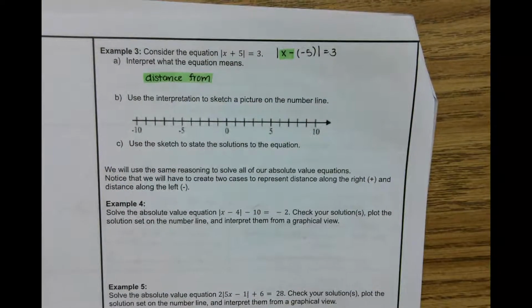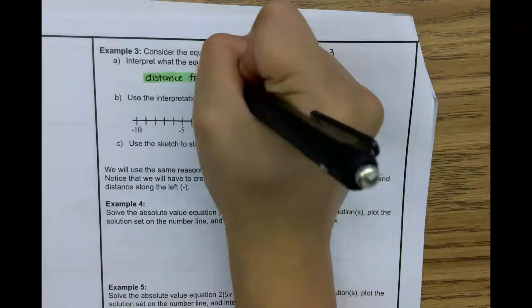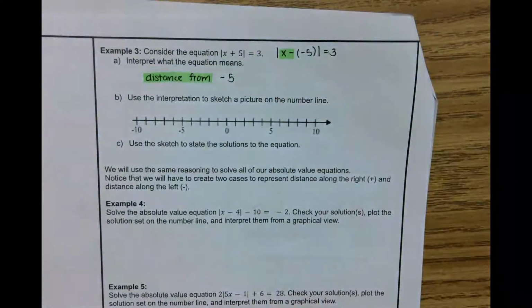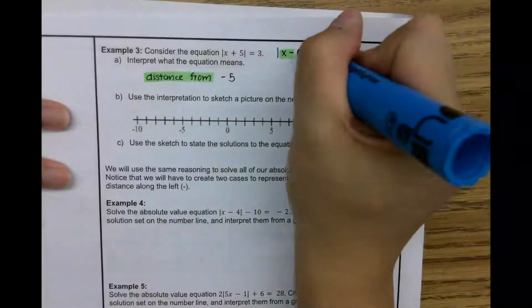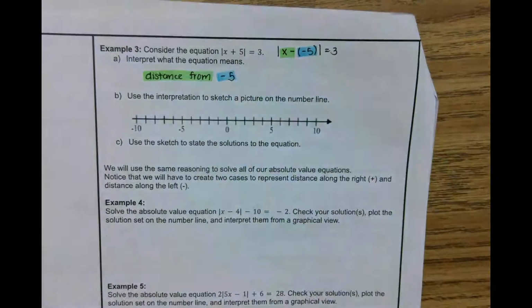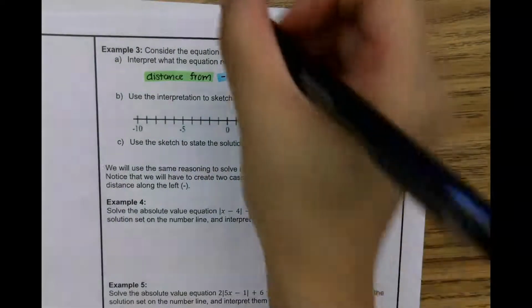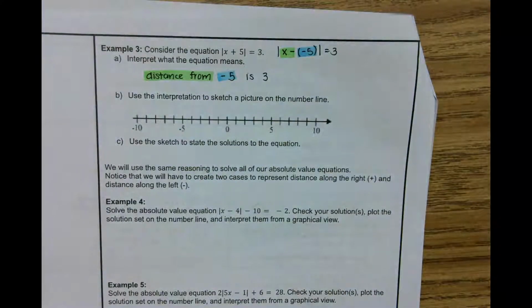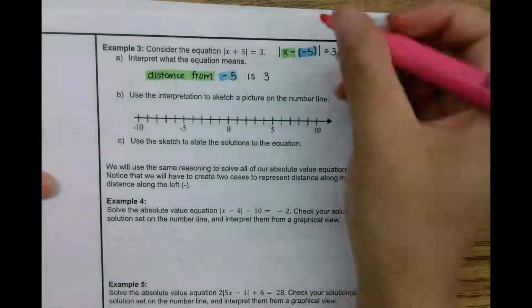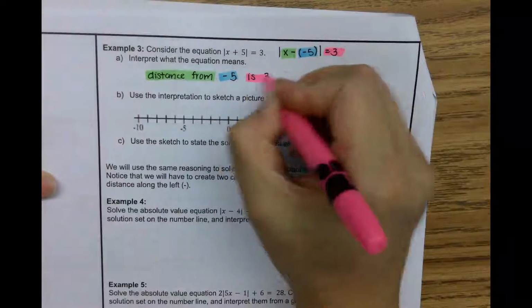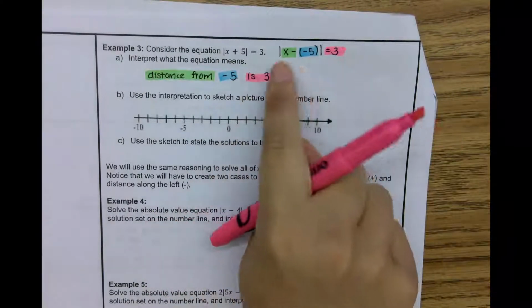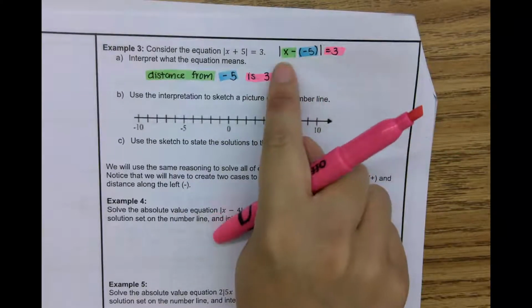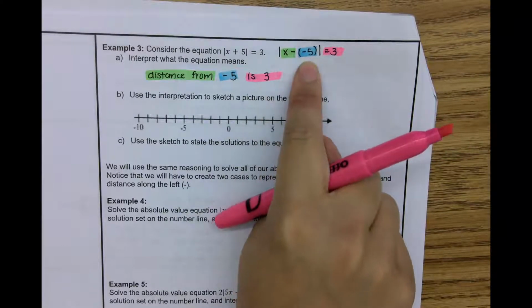The distance from what? The distance from -5 is how much? According to this, it is 3. So this can be rewritten as this, and what this means is that the distance from -5 is 3.